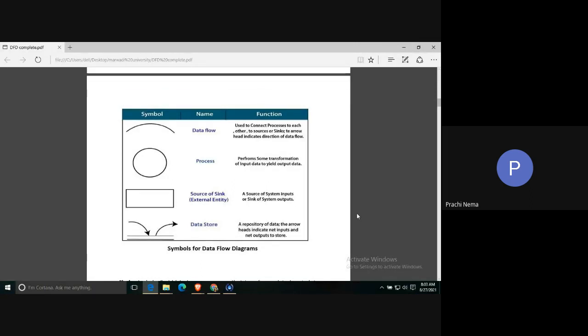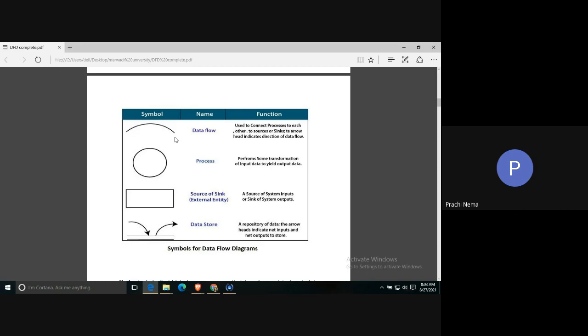The first component is the flow of data, or simply flow or data flow. It is represented with a symbol which is a straight line or a curved line. It can be curved or straight, but it should be a line. And there can be an arrow or there cannot be an arrow.